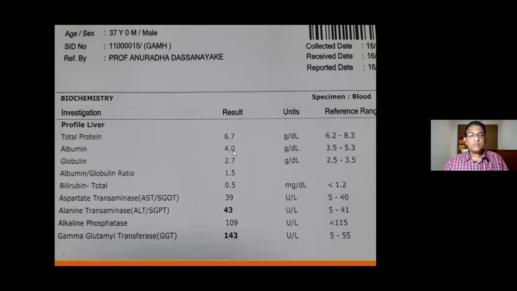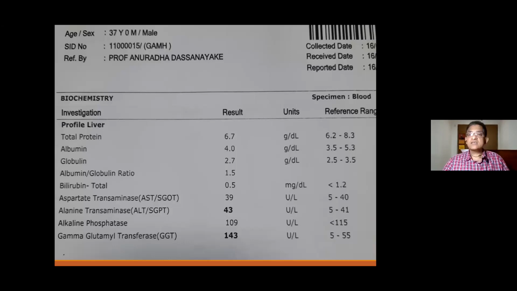The gross abnormalities are seen in the alanine transaminase or SGPT and gamma glutamyl transferase. Here, gamma GT is elevated about 3 times, and alanine transaminase is elevated above the normal limit. This is a common abnormality that you can see in this age group in patients who have these metabolic risk factors. So this could well be fatty liver leading to some degree of non-alcoholic steatohepatitis.